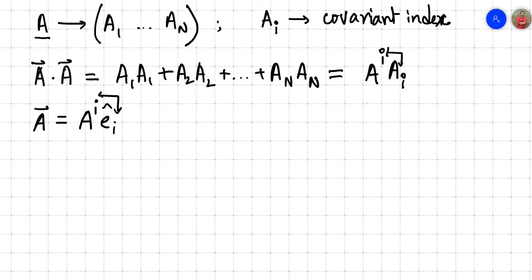Now, this is the place where we can define usefully the concept of what we call the metric tensor. It's a tensor we write by the notation g mu nu, but in this case, instead of mu nu, we will write i j.